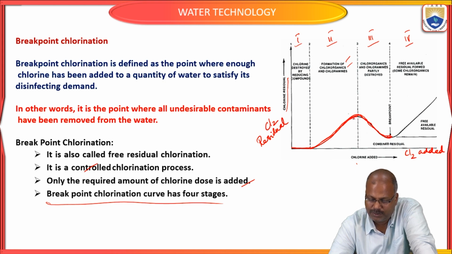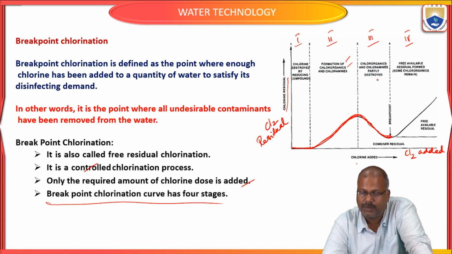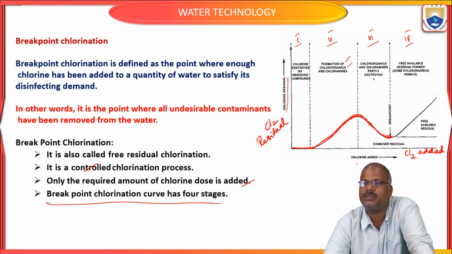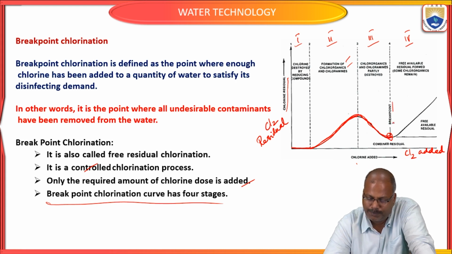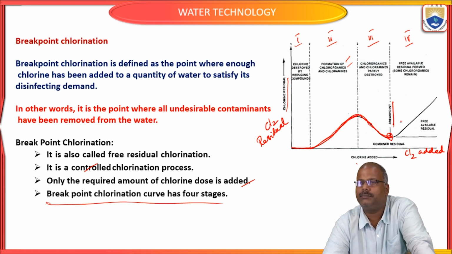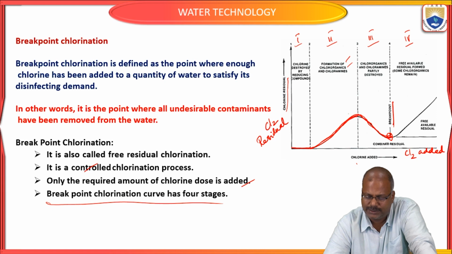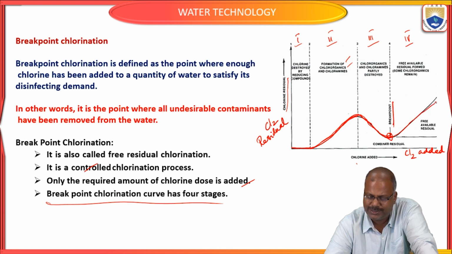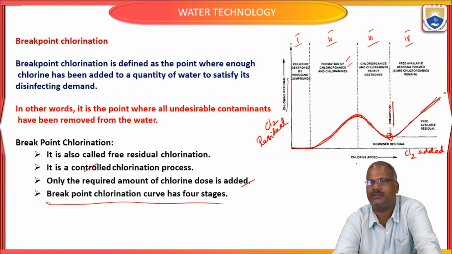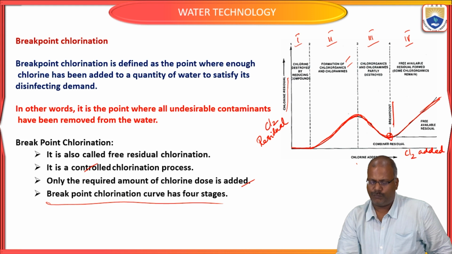With higher concentration, chloroorganics and chloramines get destroyed by chlorine, so residual chlorine decreases. This point is called breakpoint chlorination. At this point, all the organics and other things are destroyed. After this, whatever chlorine is added remains as residual chlorine, with no action. So these are the 4 stages.